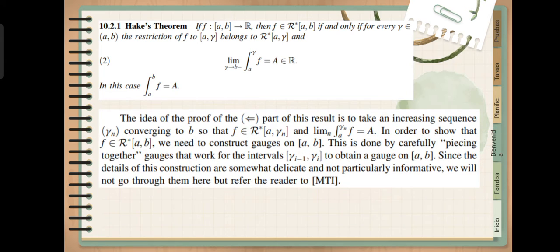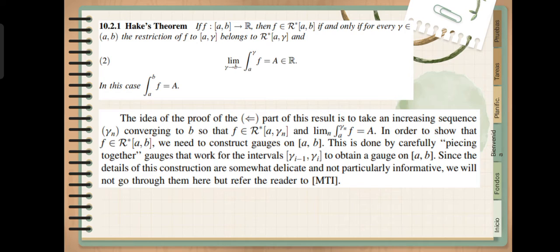The idea of the proof of the converse part of this result is to take an increasing sequence gamma_n converging to b so that f is an element of R*[a,gamma_n] and the limit of n of the integral from a to gamma_n of f is equal to A. In order to show that f is an element of R*[a,b], we need to construct a gauge on [a,b].